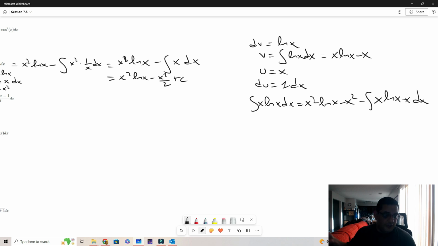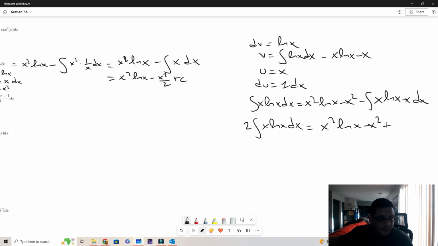Can I finish this up? Yeah, sure. So for example, I can move this minus x log of x to the other side, and I'm going to have that 2 times the integral of x log of x dx is equal to x squared log of x minus x squared, and then here I'm going to have plus the integral of x dx, and so this is going to be x squared over 2.